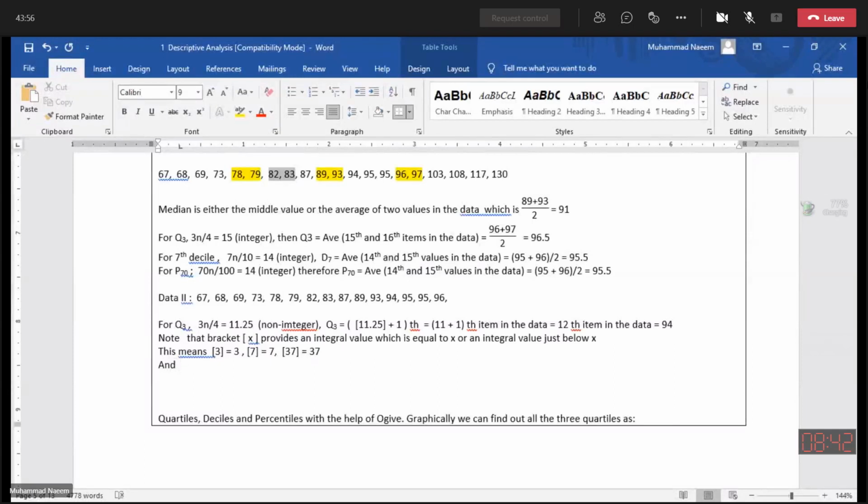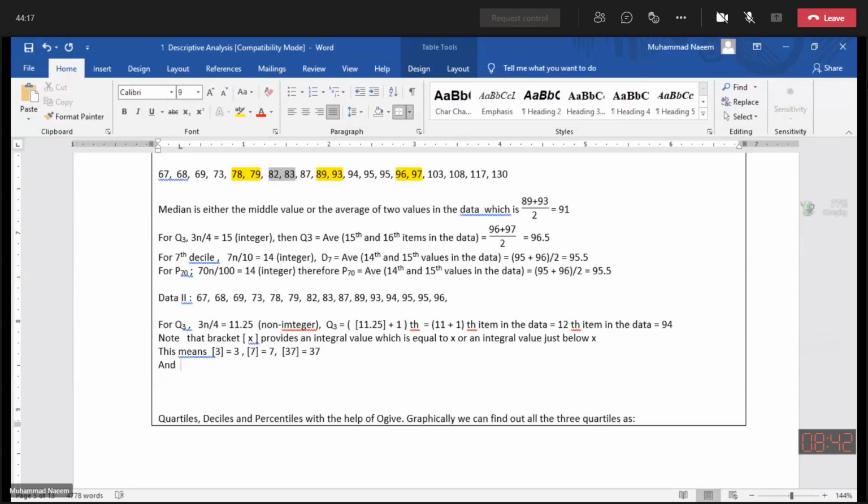Now the other case: when it is an integer and we apply the bracket function to an integral value, it gives the same integer. This is the role of the bracket function.